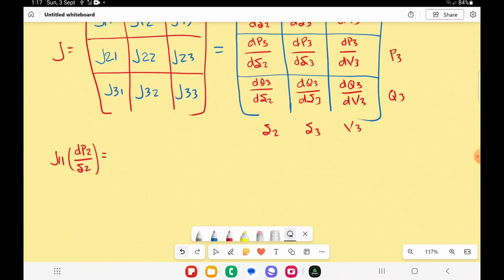So for J11, we have Y21 B1 B2 sine theta 21 plus delta 1 minus delta 2.